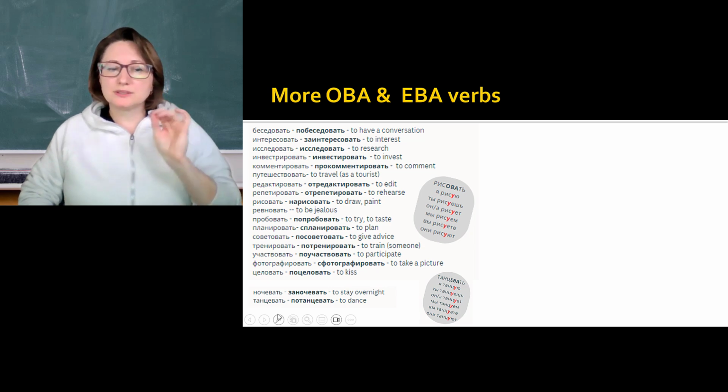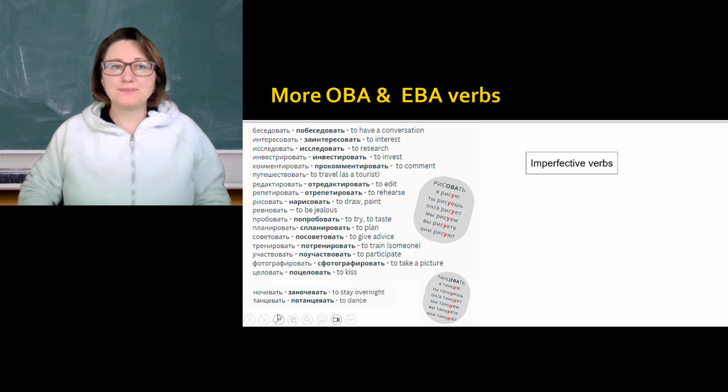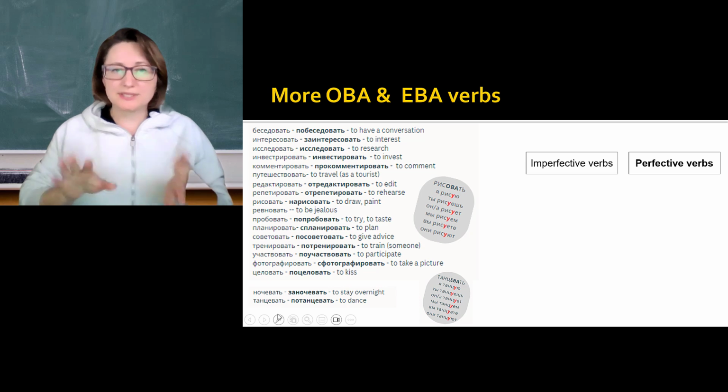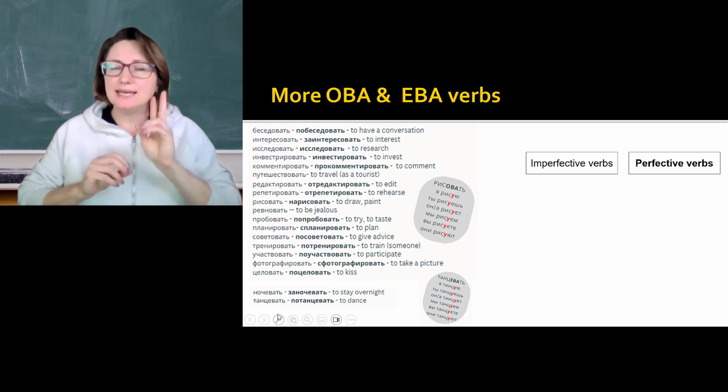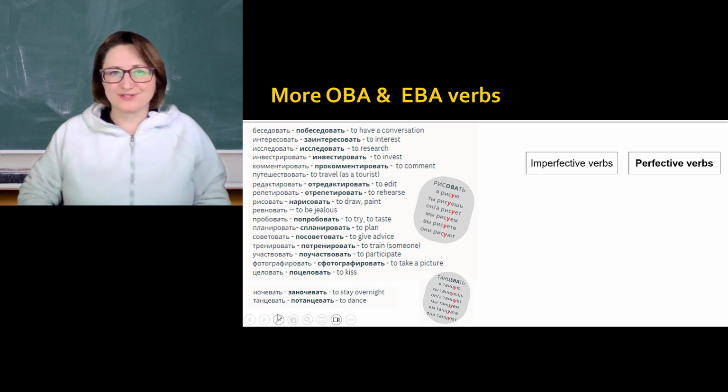So here I'm just going to talk a little bit about the aspect because the verbs that are not in bold are the imperfective verbs, and the verbs that are in bold are the perfective verbs. There will be a separate video that goes into more detail about this distinction, but for now you just have to remember that every English verb has at least two Russian verbs.